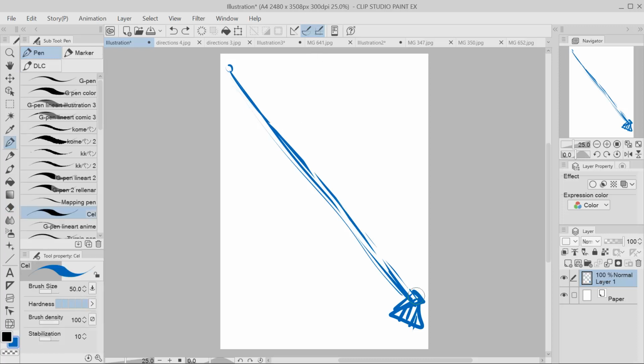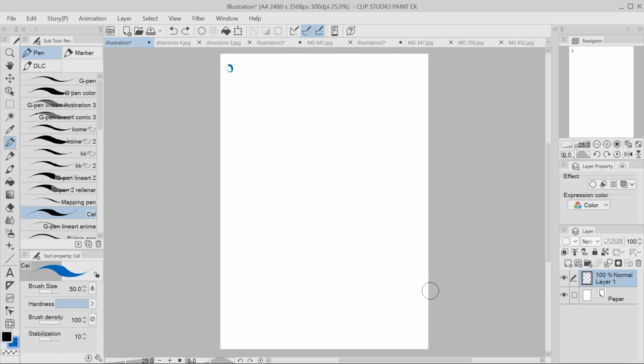For example, if you were to draw a character running, you could do it like the character is running in this direction, because we go from left to right and we look first at the things on the top.